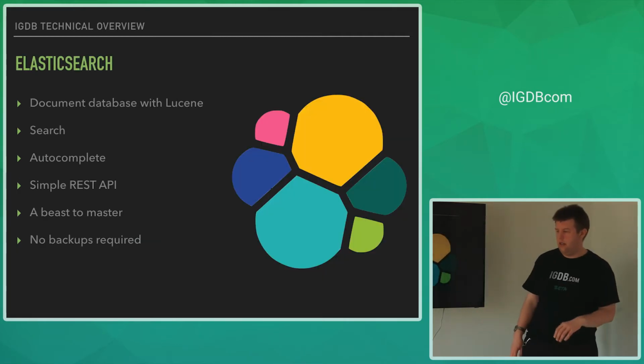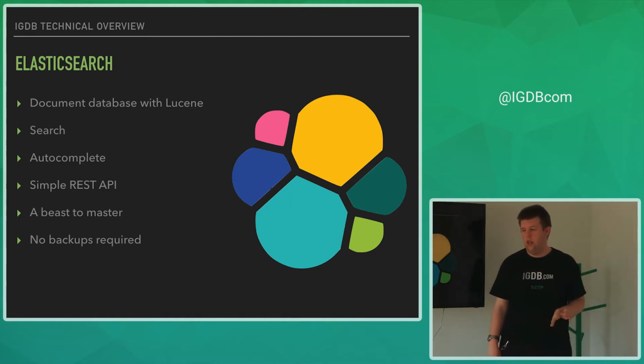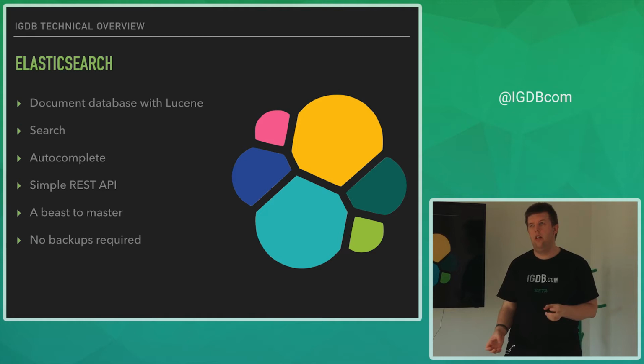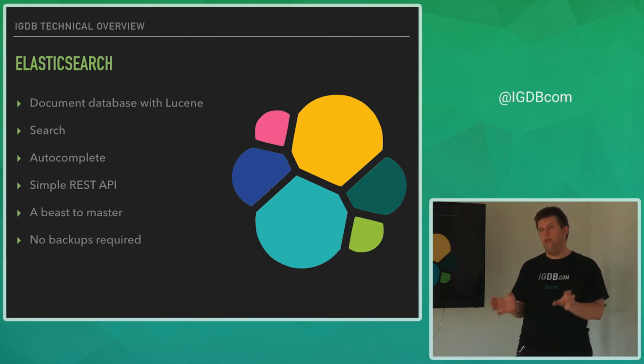And this is Elasticsearch, and it's a document database with Lucene attached to it. Lucene is a very good string matching library.